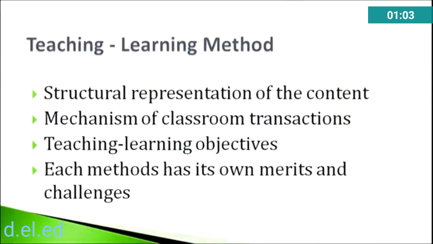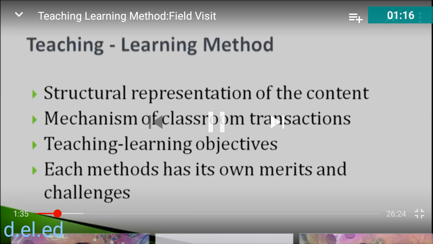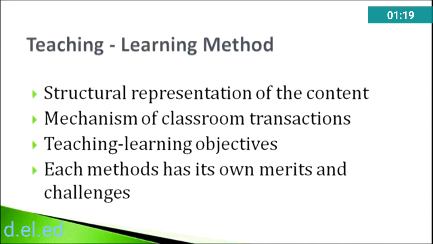When we decide that a content is to be taught in the classroom, at the same time we start thinking about how to teach that content. You, as a teacher, may come up with different ideas. You may think that I can show something to students, I can organize an activity in the classroom, or I can draw pictures and encourage children to observe that picture.